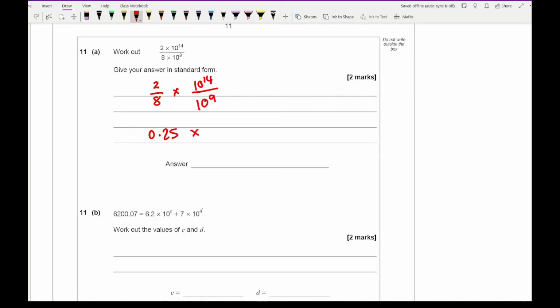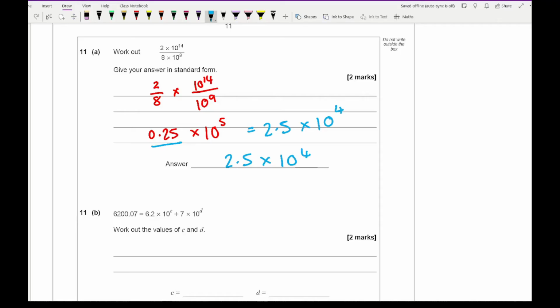And when I'm dividing, I take away the powers, and that's going to give me 10 to the power of 5. Now this in its current form is not in standard form, so what I then need to do is convert it so that it is. So if I increase this number to make it into 2.5, I then need to decrease the power, so that then becomes a 4. So the correct answer there is 2.5 times 10 to the power of 4.